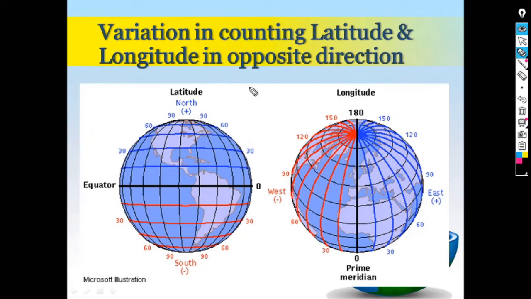As we know, latitudes are horizontal and longitudes are vertical lines. For reading latitude, you will have to move in the opposite direction of its orientation. That is, for reading latitude you will have to move vertically, and for reading longitude you will have to move horizontally.